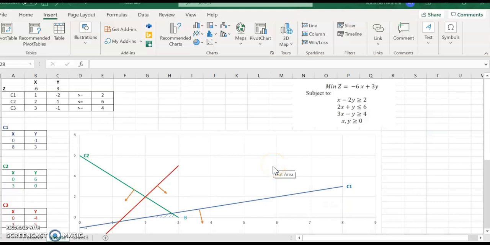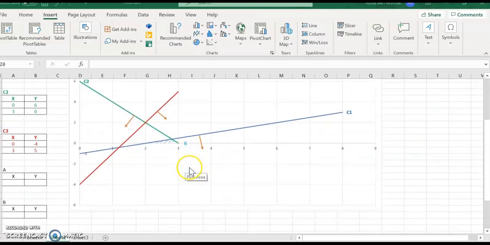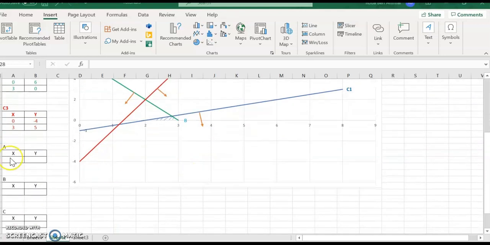We get back to our graph and try to pinpoint our basic feasible solutions. So point A is of coordinates 2, 0. Point B is 3, 0.